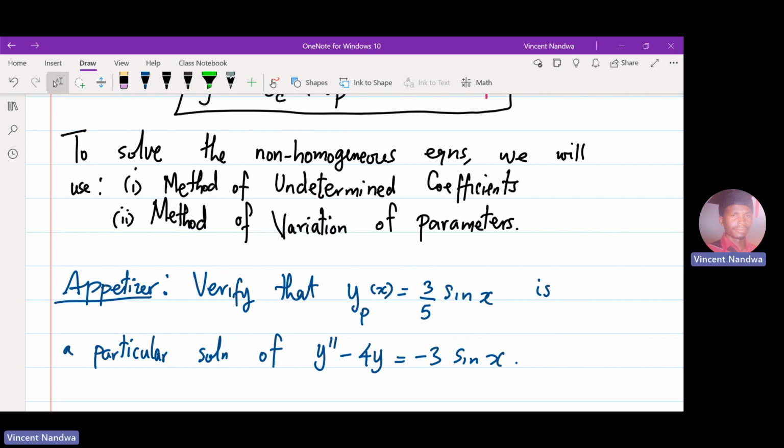That simply means, check that when you get the second derivative of the function y_p, you subtract 4 times y_p itself, you should get minus 3 sine x.